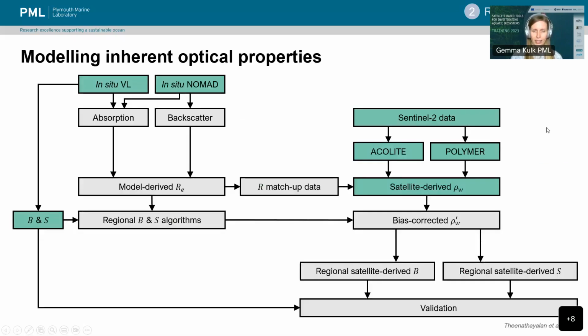So the next step that was performed is the modeling of the inherent optical properties. So that is the absorption and the backscattering. And we used both the Lake Vembanad database for that and the NOMAD in situ database.